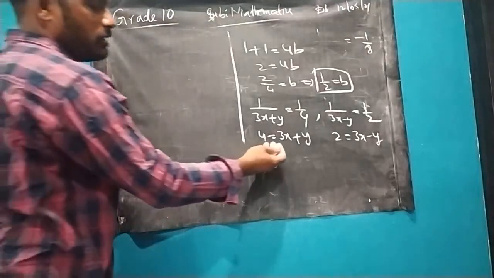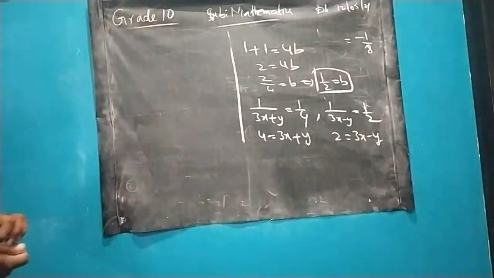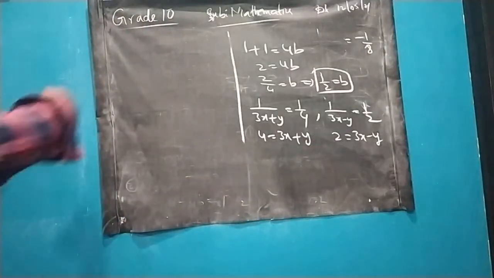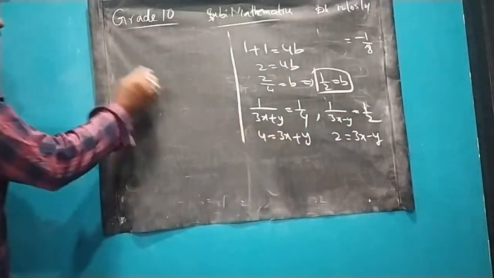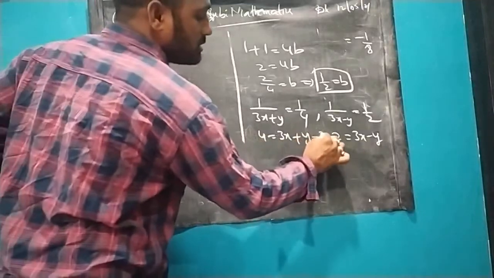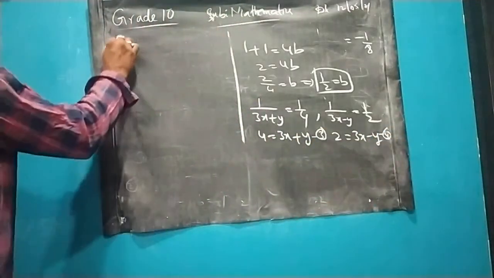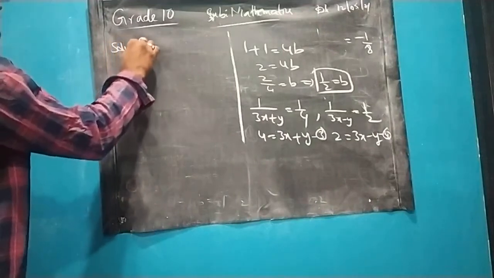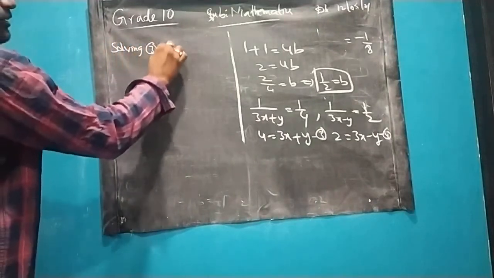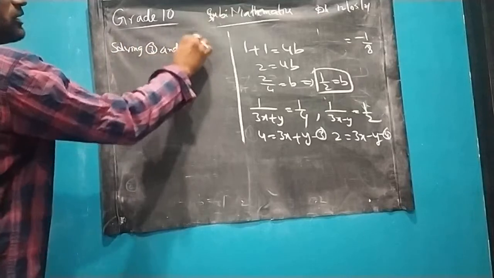So we got another two equations here, but we are not able to get directly the values. So again, we have to perform the elimination method. We can assume this as third equation and fourth equation. Already first and second are there. So solving third and fourth equation.